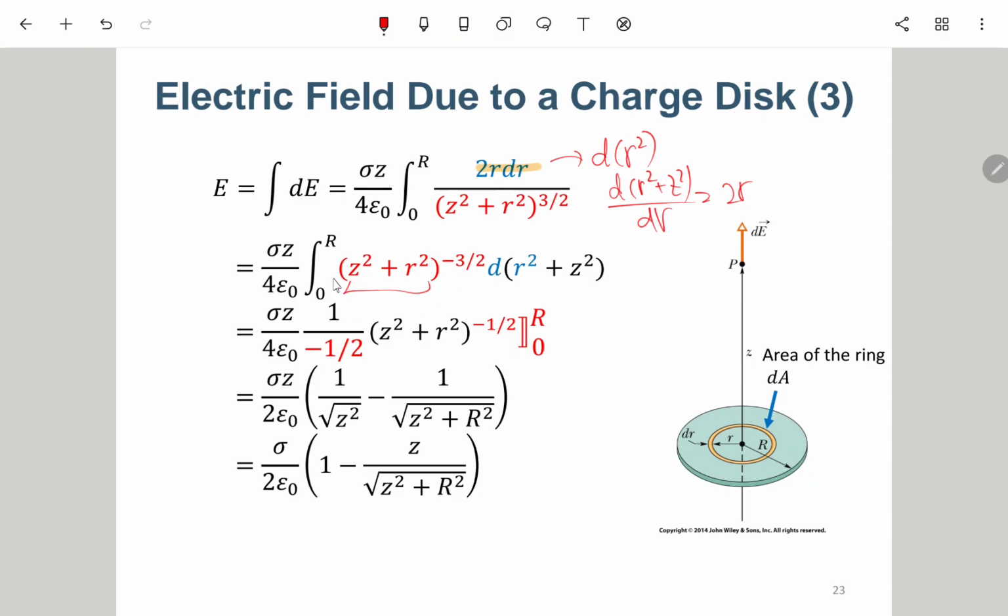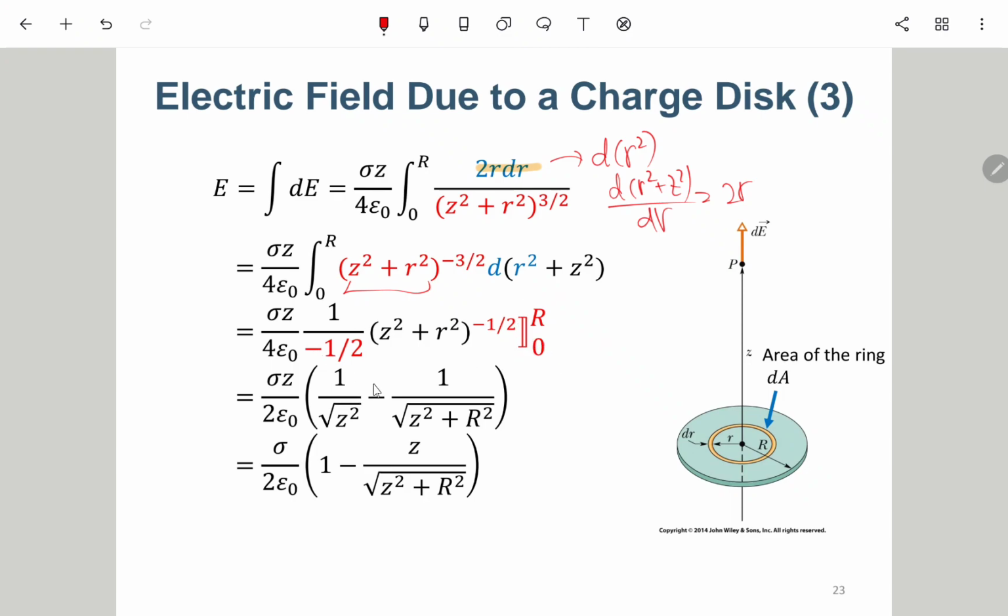The integration of this is like we add 1 to the power, so -3/2 plus 1 is -1/2, and then we divide by -1/2. We also need to evaluate this function from 0 to R, and with the negative sign, we can just flip it, so we evaluate from capital R to 0.